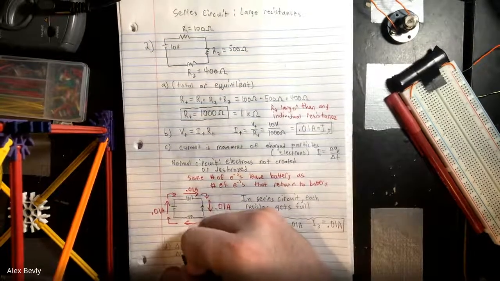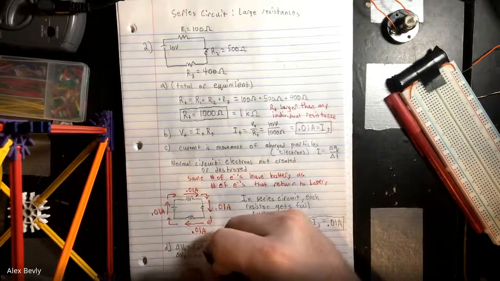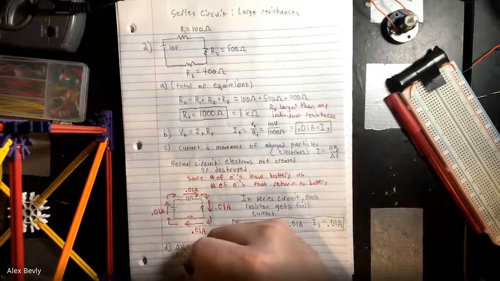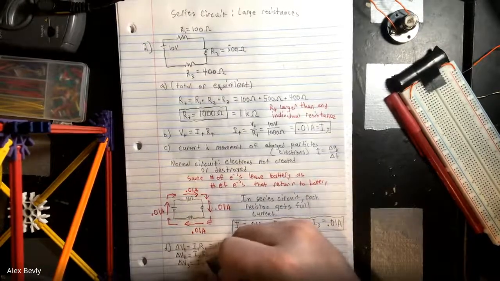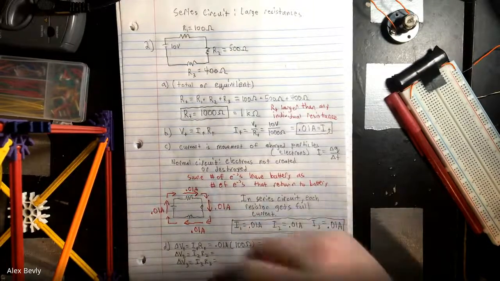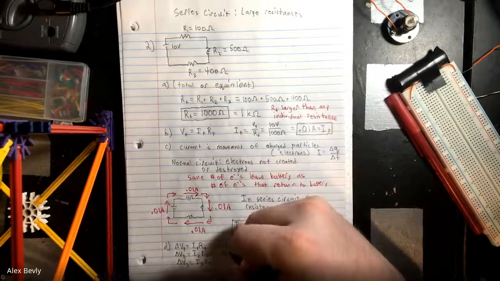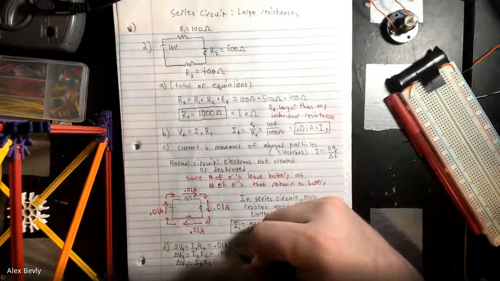Then I can get my voltage drop across resistor 2. It's going to be the current across resistor 2 times resistance 2. Voltage drop across resistor 3, it's current across resistor 3 times resistance 3. 0.01 amps. 2 is that 500 ohm resistor.